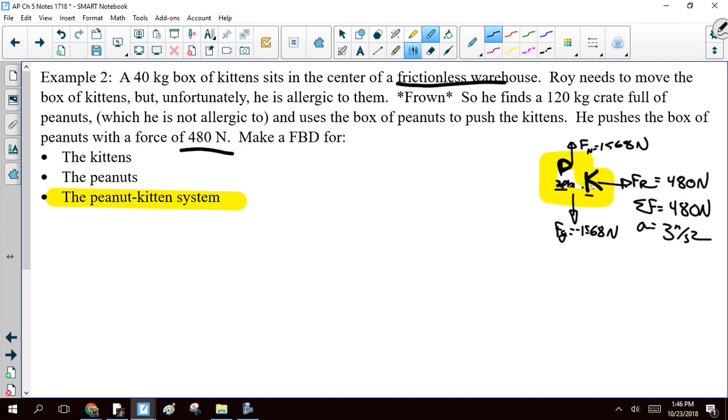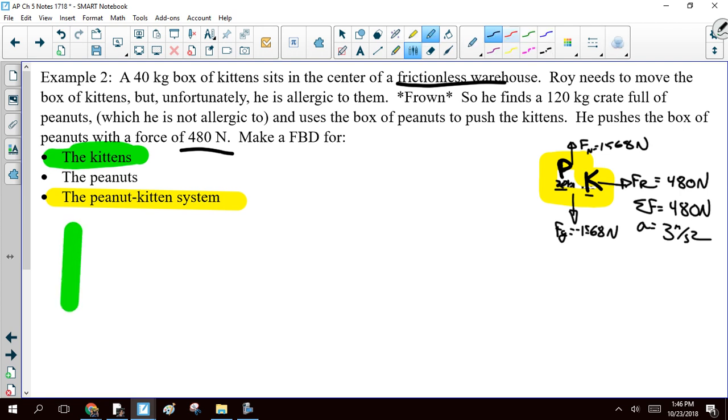I guess it doesn't really matter which object you start with, whether you do the peanuts or the kittens next. I'm actually going to do the kittens first, because there are fewer forces on the kittens. So here we go, kittens.